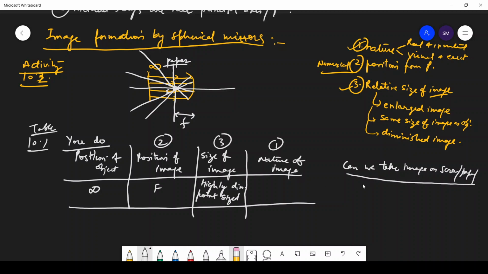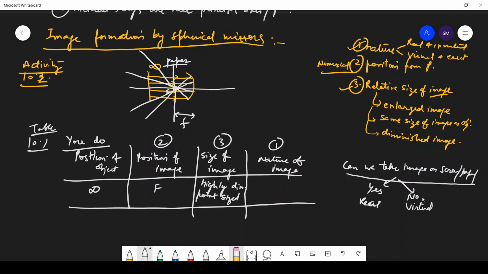If your answer is yes, then it's a real image. But if your answer is no, then it's a virtual image. The image that you see in a plane mirror, can you take that image anywhere else?